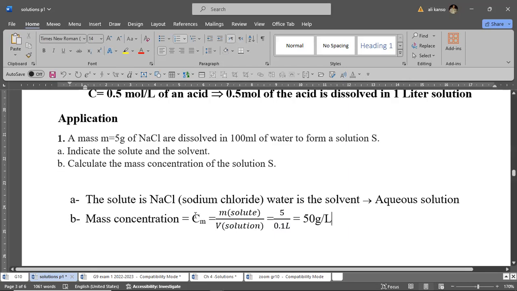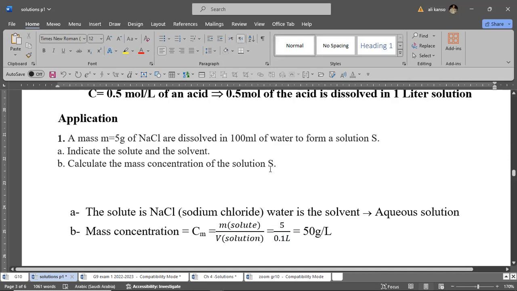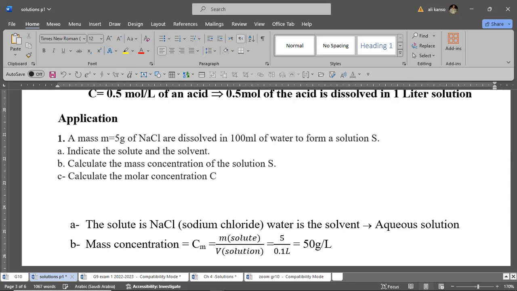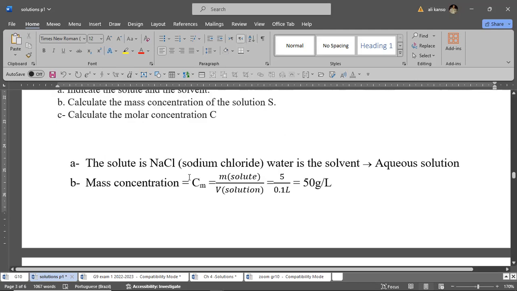If we have to calculate the molar concentration, how do we find it? One of the methods is this one.